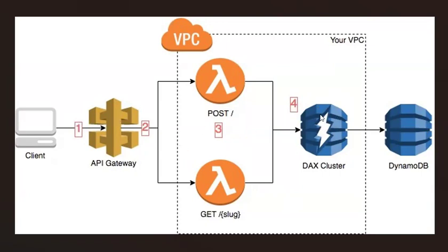If the request is not a read request, then it won't do anything. It just forwards the request to DynamoDB. There the processing happens, whether it is writing, updating, or deleting, and whatever result DynamoDB provides to this cluster, DAX will return back to the client.